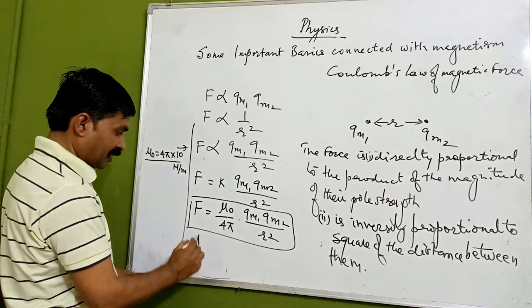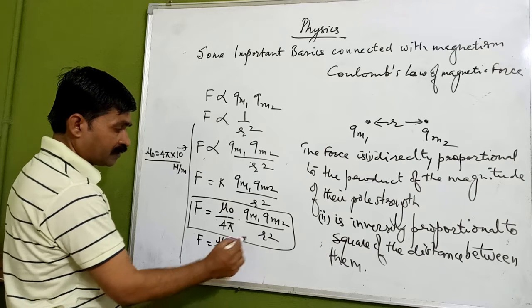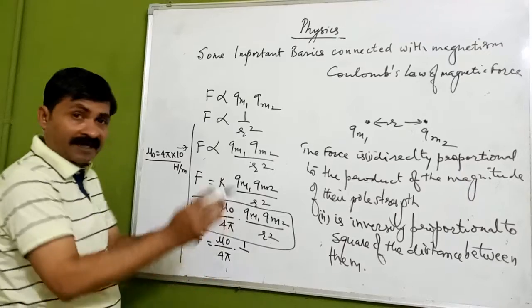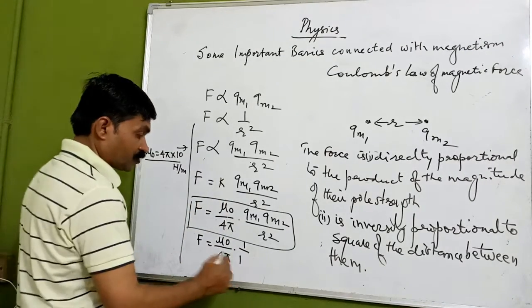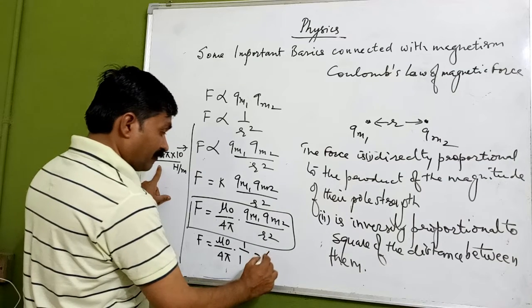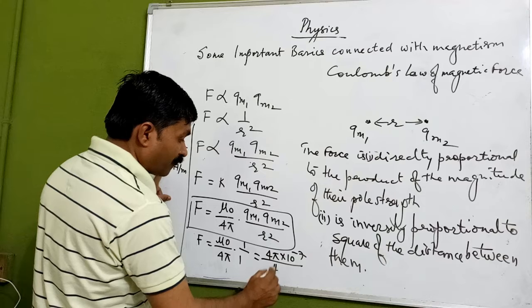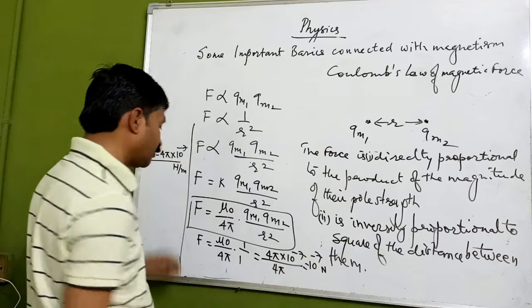So here F is equal to mu naught upon 4 pi, with Qm1 Qm2 equal to 1, and r squared we take as 1 meter. So F is equal to 4 pi into 10 raised to the power minus 7 divided by 4 pi. What we get is 10 raised to the power minus 7 Newton.